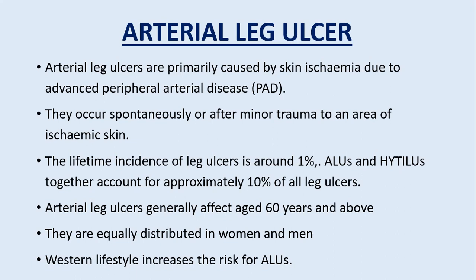The lifetime incidence of leg ulcer is 1%, while arterial leg ulcer and hypertensive leg ulcers are approximately 10% of all the leg ulcers. Arterial leg ulcers generally occur in individuals above 60 years of age and are equally distributed in women and men. And again, since women live longer, there are more chances of having arterial leg ulcers in old women.